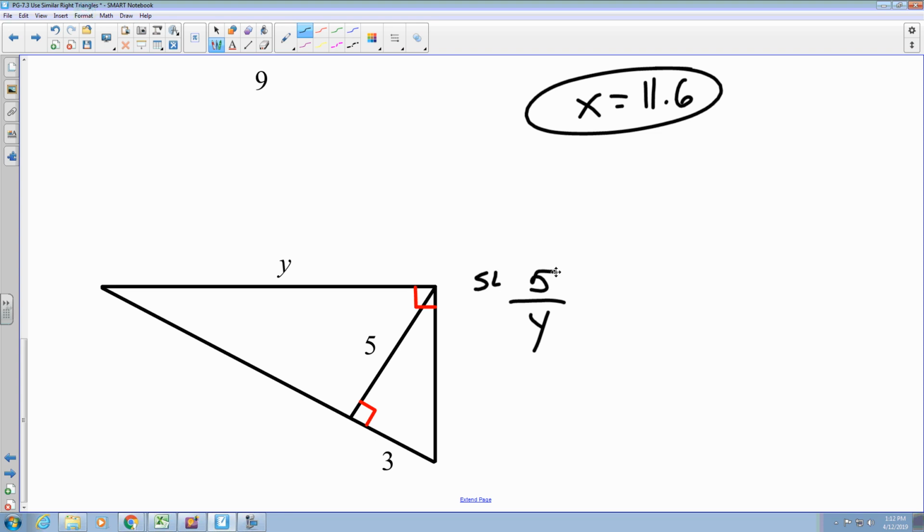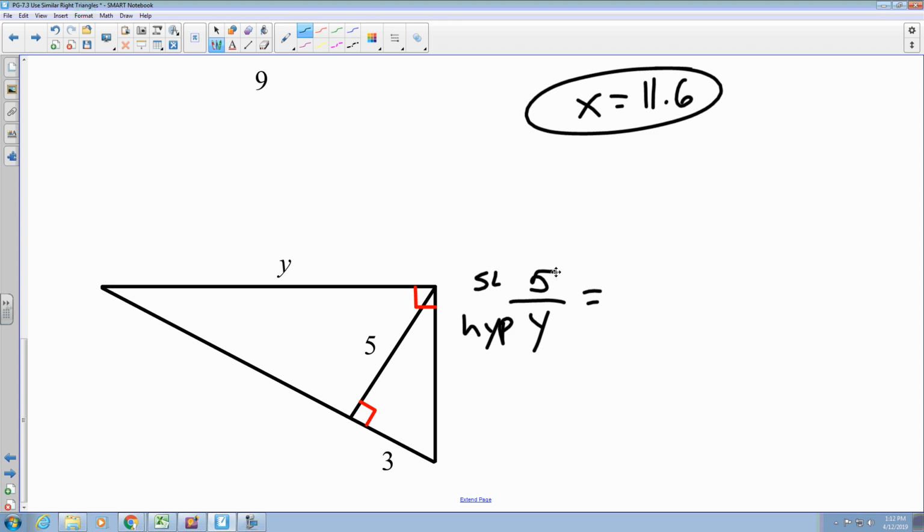And y in that instance would be our hypotenuse. And it could be proportional to, that won't work because what we have here is 5 and 3.